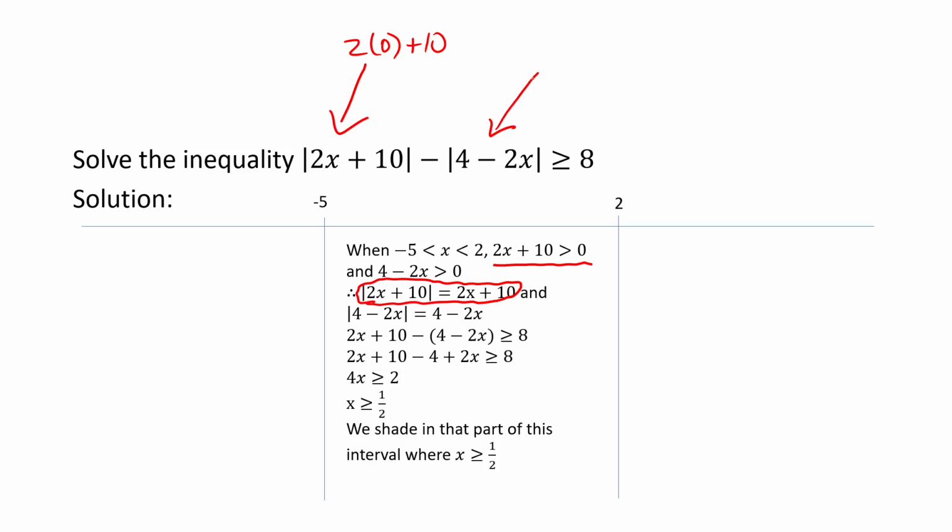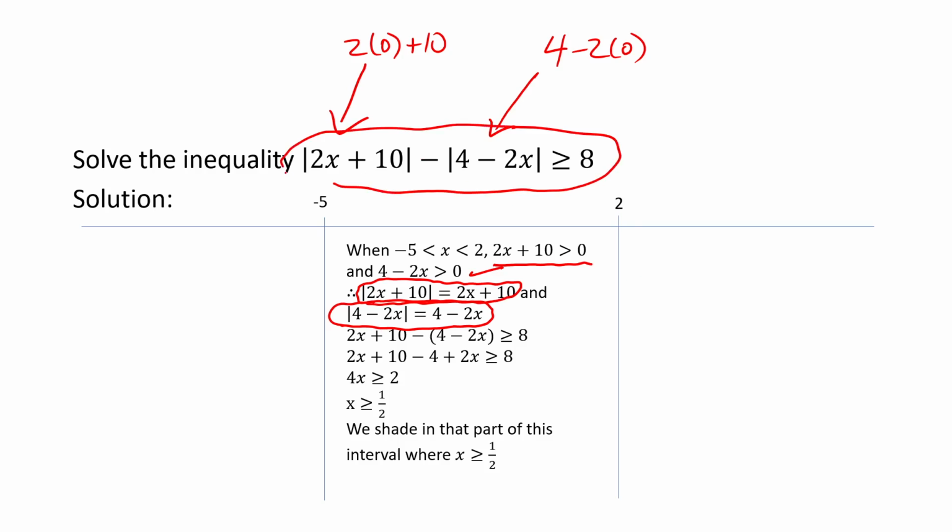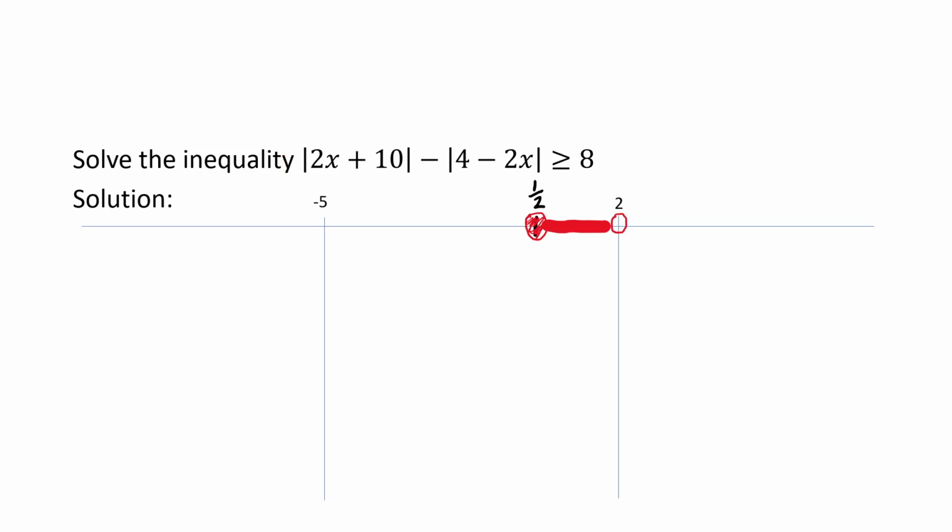And continuing by letting x equal 0 just for testing purposes, in this interval I see that 4 minus 2x is also positive, which means that the absolute value of 4 minus 2x will be equal to 4 minus 2x. So I can substitute each of those circled things into that inequality, which I do right here. And I end up with 4x being greater than or equal to 2, which means x is greater than or equal to 1/2. So we're going to shade in this part of the interval where x is greater than or equal to 1/2. And we do that.